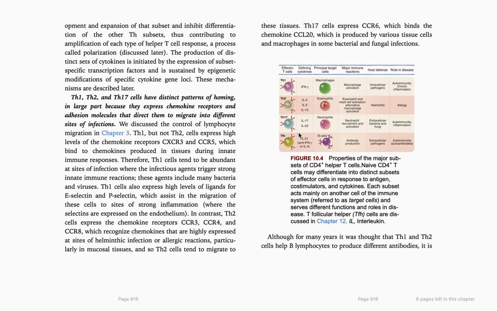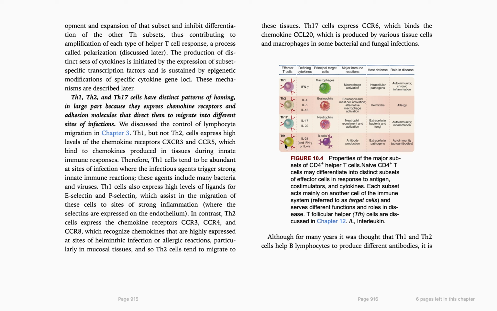It produces mostly interleukin 17 and interleukin 22. The target cells are mostly neutrophils, and neutrophil recruitment is the major immune reaction, and it works against extracellular bacteria and fungi. It is also involved in autoimmune disease and inflammation. And you will find that in autoimmune disease and inflammation, T helper 2 and T helper 17 are more common.